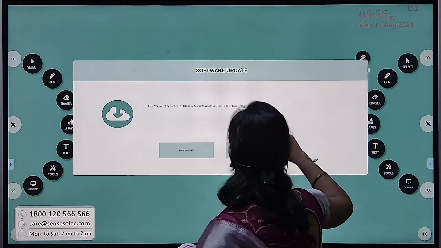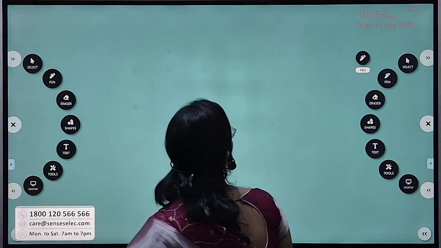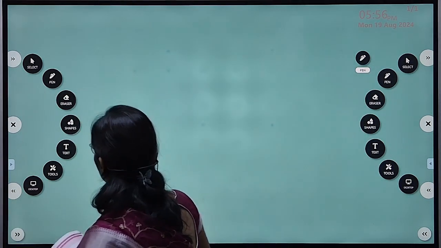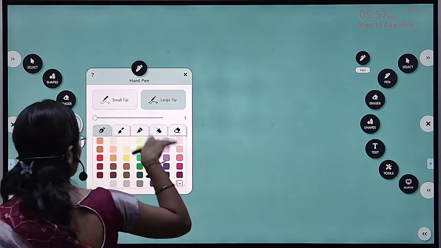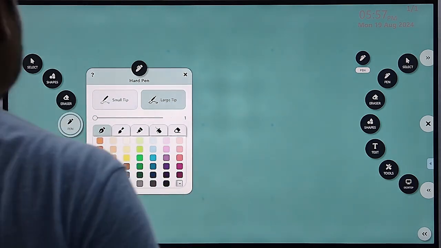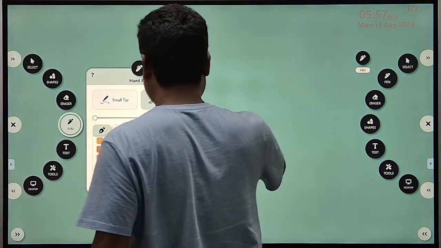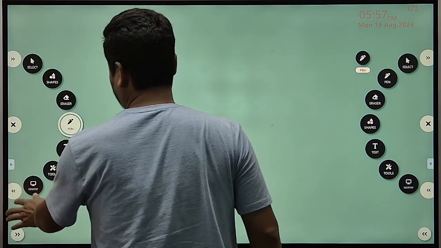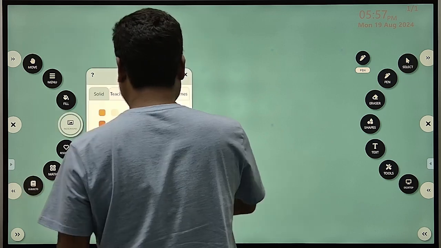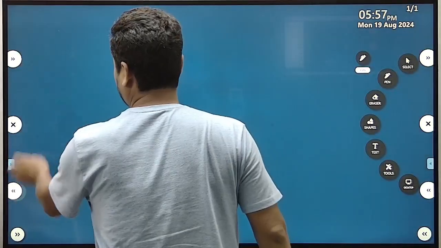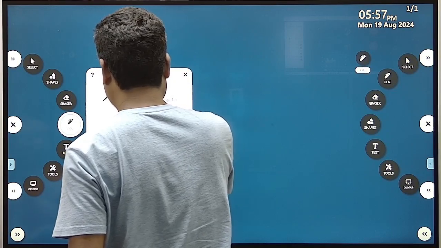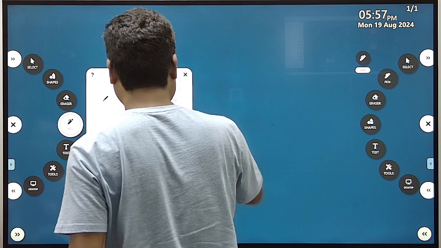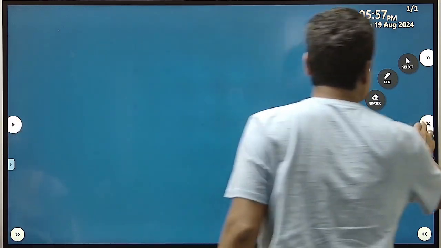Some software reminds me. So I can use this one also, I think. Yes, nothing. This means it has changed. Yes. Okay, let it be.